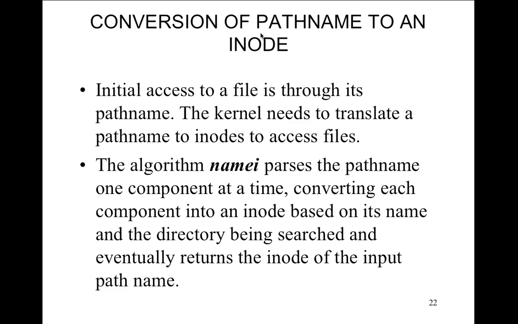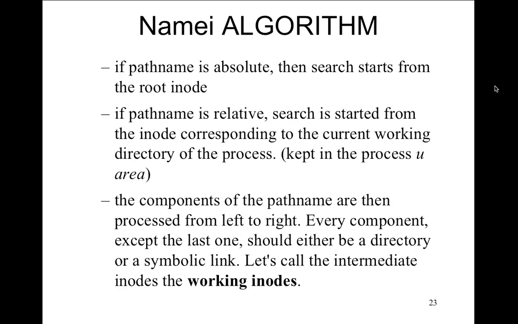The algorithm is called namei, and it parses the file name, converts each component into an inode based on its name and the directory structure where it's being searched, and it eventually returns the inode of the input path name. So the initial access to the file is through its path name, and the path name is converted using this algorithm. The kernel needs to translate a path name to inodes to access the file, because it doesn't really store home, users, bin. It doesn't store any of that stuff.